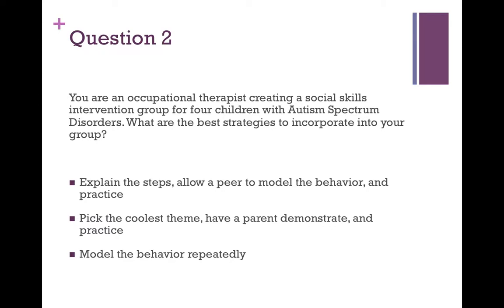We specifically talked about how peer models are ideal, and that's where children learn the most from, and that parent or adult models are typically only used if you do not have access to a peer. So that means that the first option, where you explain your steps, allow a peer to model the behavior and practice, is your best strategy.